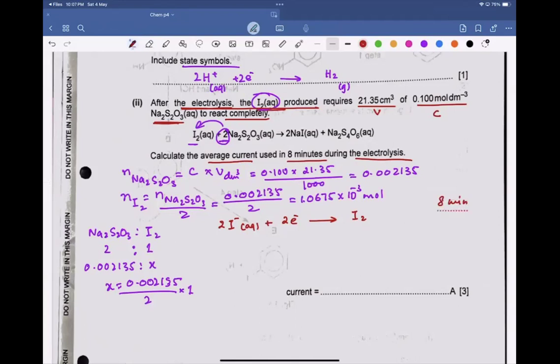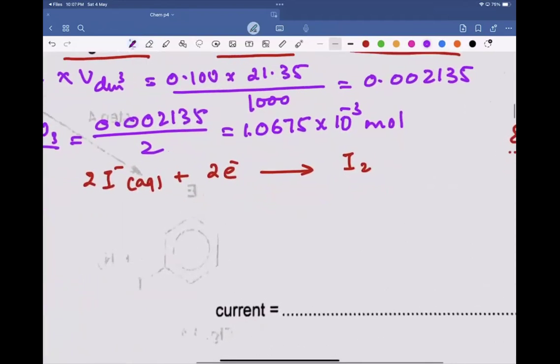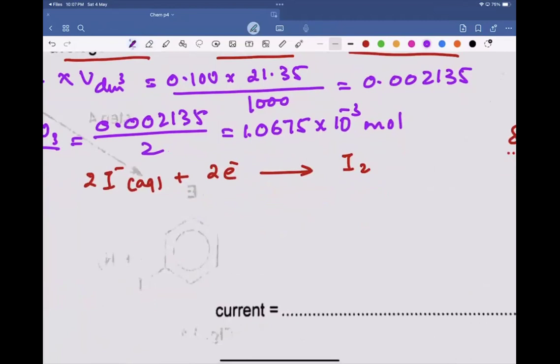Okay. Now see, from this equation, what I can conclude is that 2 moles of electrons means 2 Faraday, which means 2 times 96500 coulomb is forming 1 mole of iodine. Is this understandable?